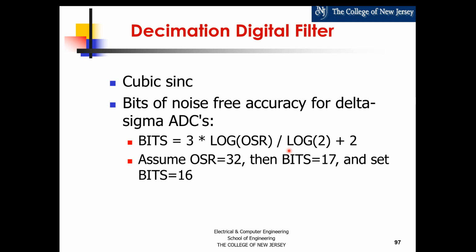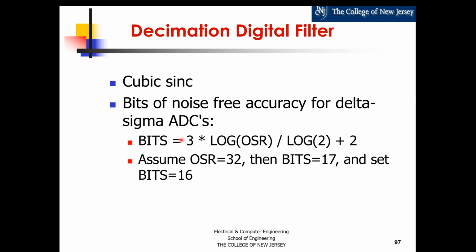Now, without going into the theory, there is an equation that says that if I want this many bits of noise-free accuracy, for example 16 bits, to convert my analog voltage into a 16-bit word, this relationship applies: the number of bits in terms of the oversample rate that I need.